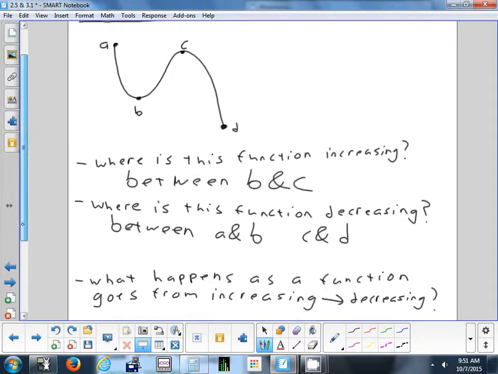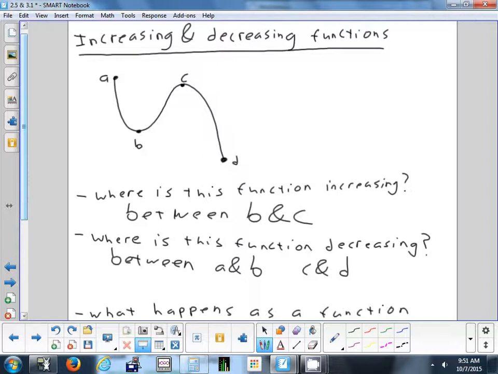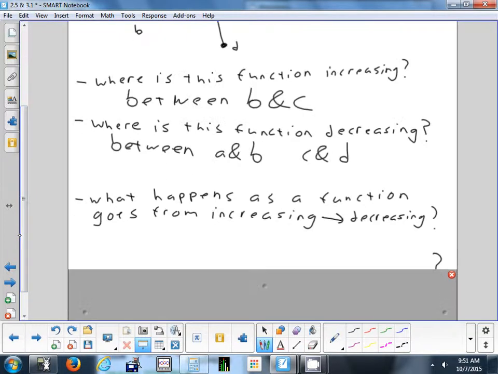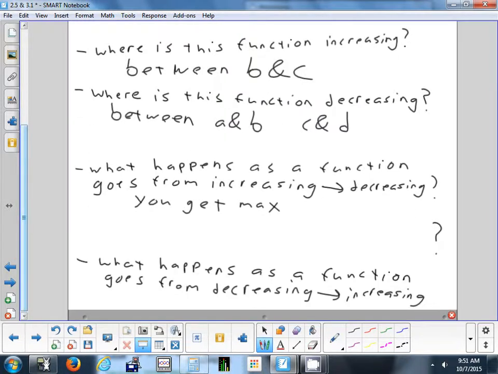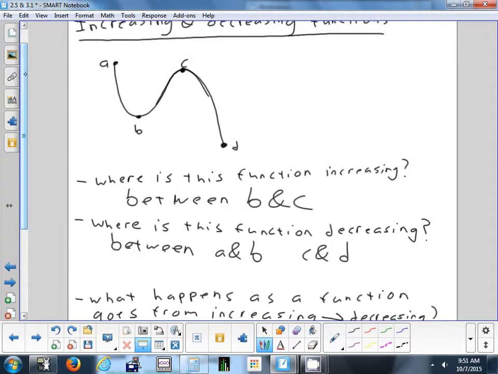So as a function goes from increasing to decreasing, look what happens. Increasing, decreasing. What do you call that point right there? That's a local max. So when a function goes from increasing to decreasing, you get some kind of maximum. How about as it goes from decreasing to increasing?